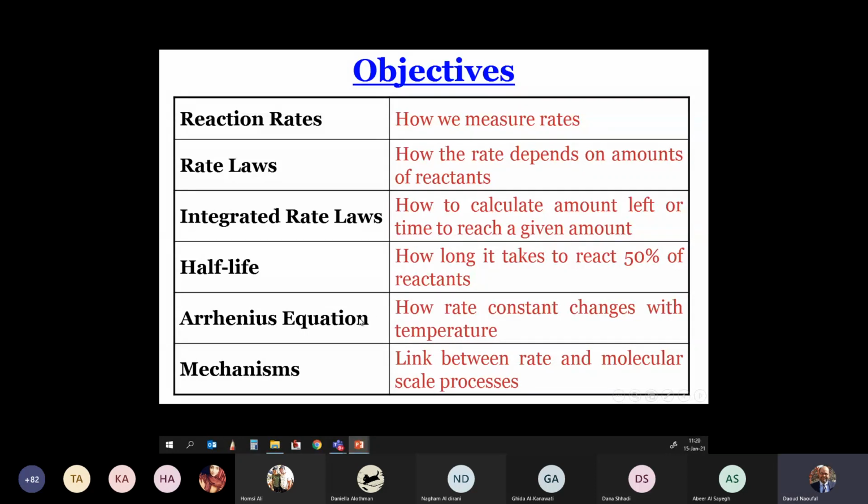Objective number 5 is the use of the Arrhenius equation. We know that the temperature affects the rate of the reaction, or in other words, the rate of the reaction is related to the temperature, or the rate constant is related to the temperature. So the rate of the reaction at 5 minutes is the following. Suppose you repeat this reaction at a greater temperature. You start the first experiment at 25, and you repeat this reaction at 50.